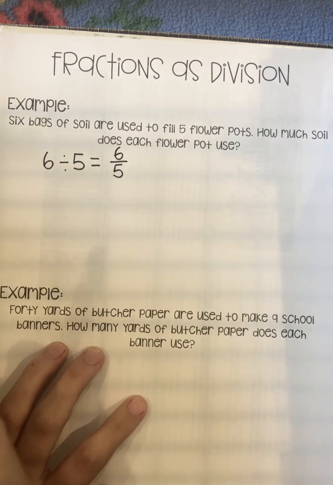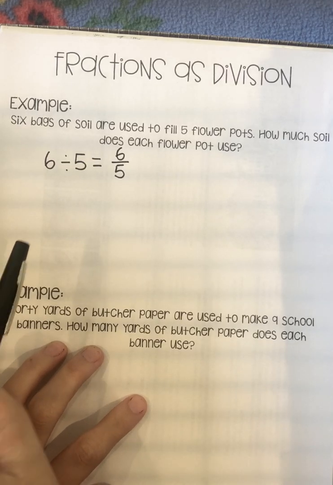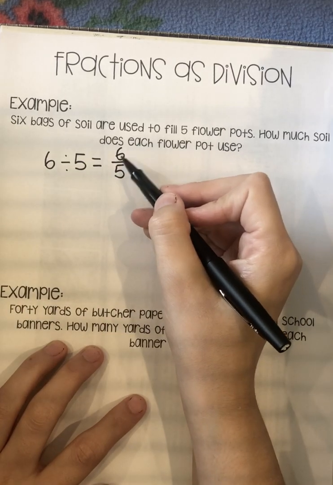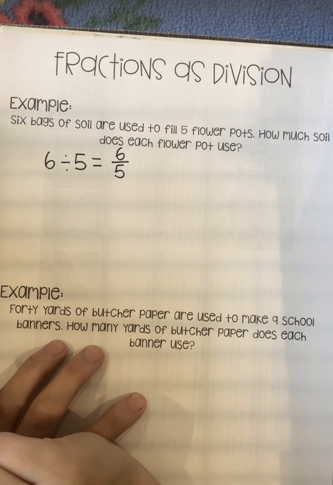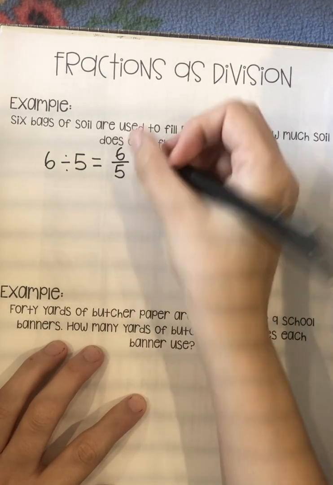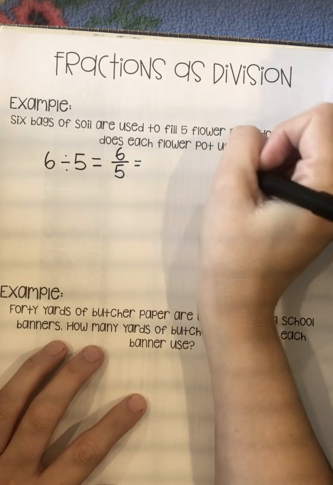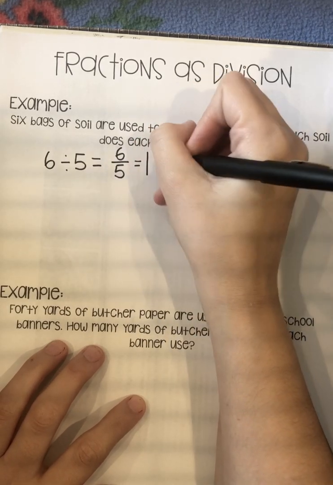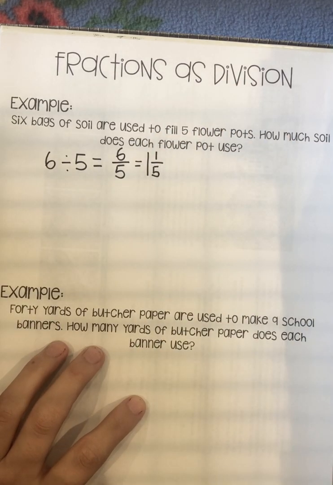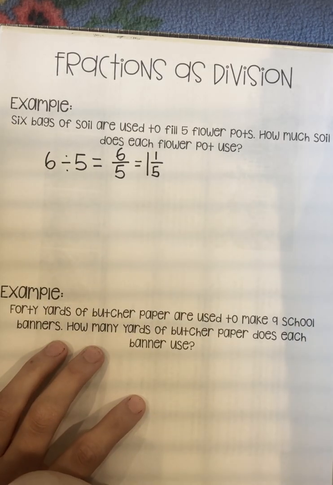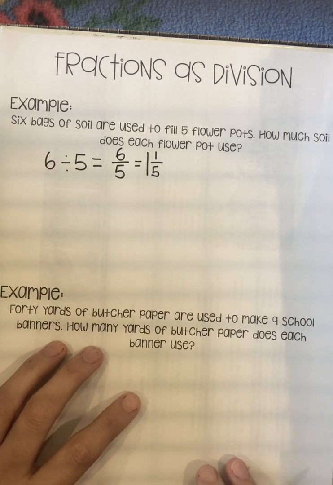Now 6/5 is what's called an improper fraction. It means that your number on the top, your numerator, is bigger than your number on the bottom, your denominator. So 6/5 we can also write as 1 and 1/5. So each flower pot will use 1 1/5 bags of soil.